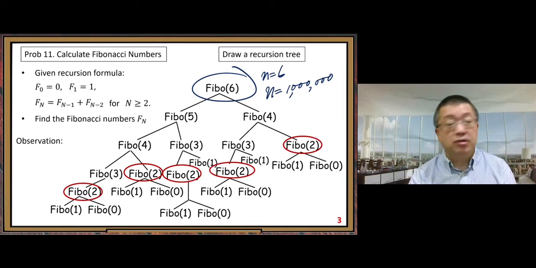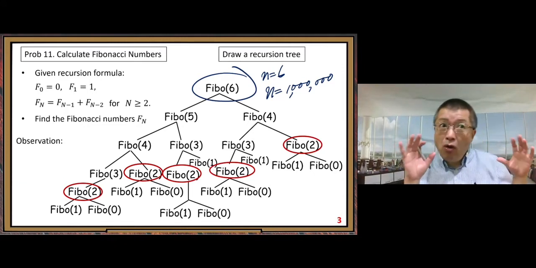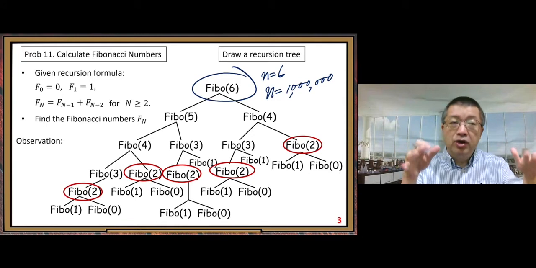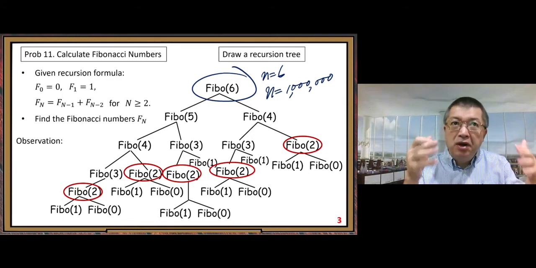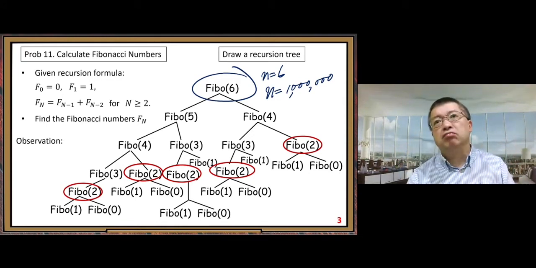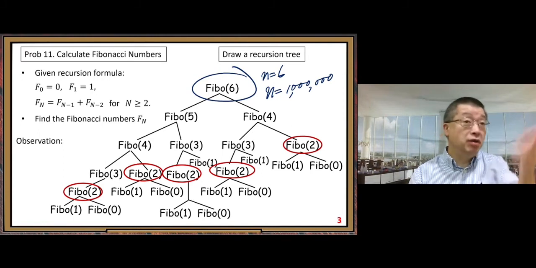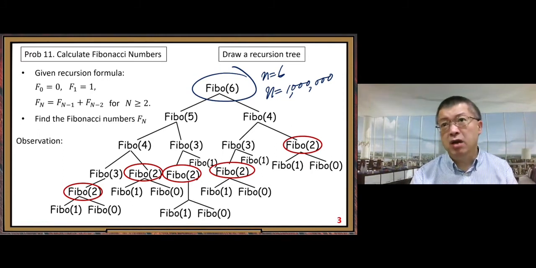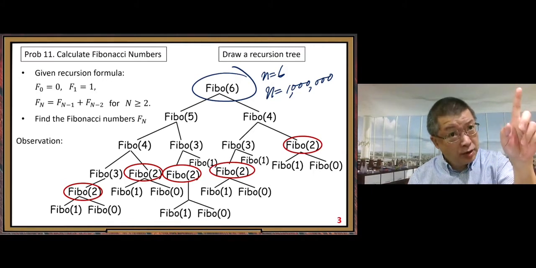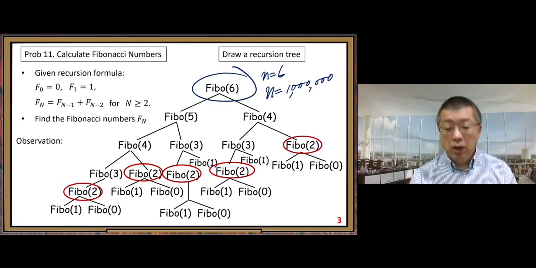We need to calculate the same number 5 times. Why? Can't you calculate fib of 2 only once?